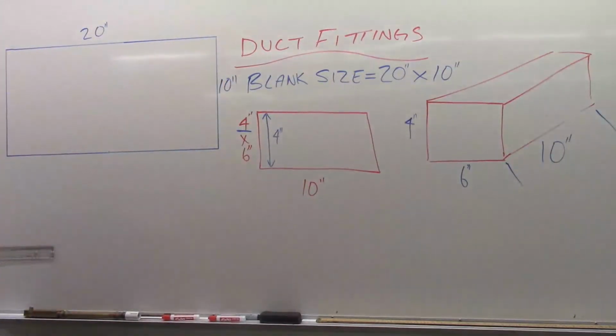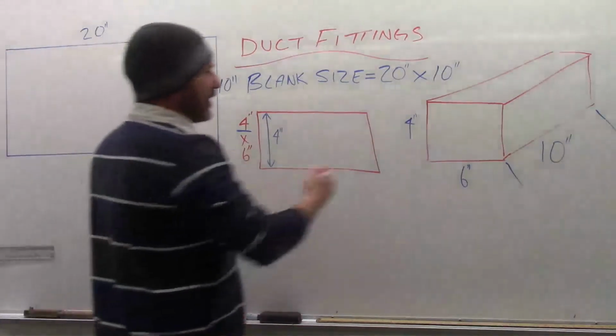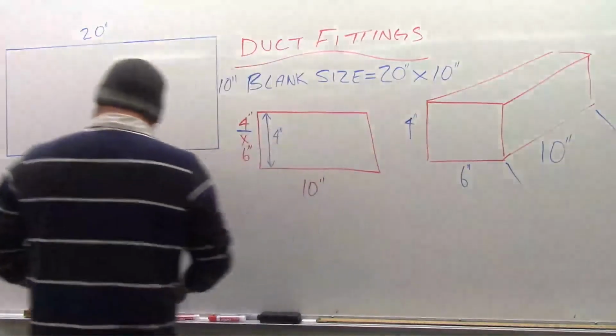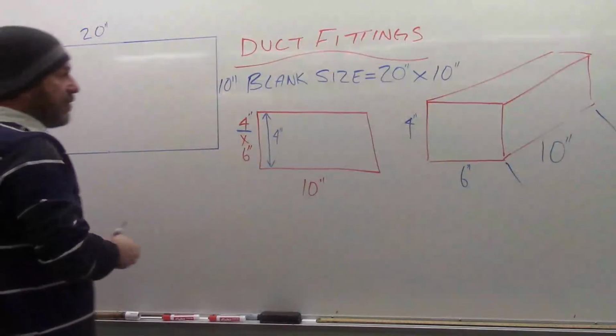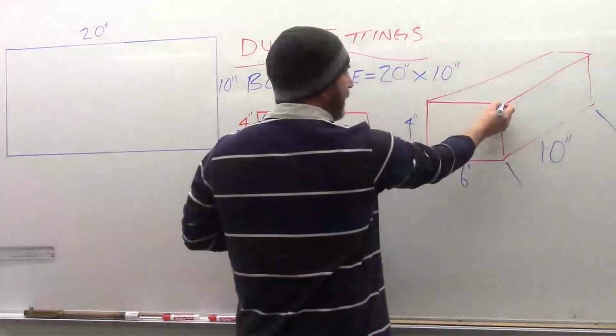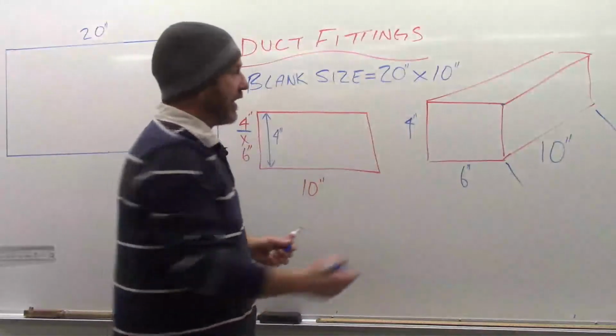Okay. So there's our stretch out, there's our blank size, the piece of metal we cut to make this part. Now, from here, we've made it out of one piece. Now we have an option of making this and putting in, say, one joint in it. Let me change colors here. We could put one joint in, and if we have no seams, ours are just welded.